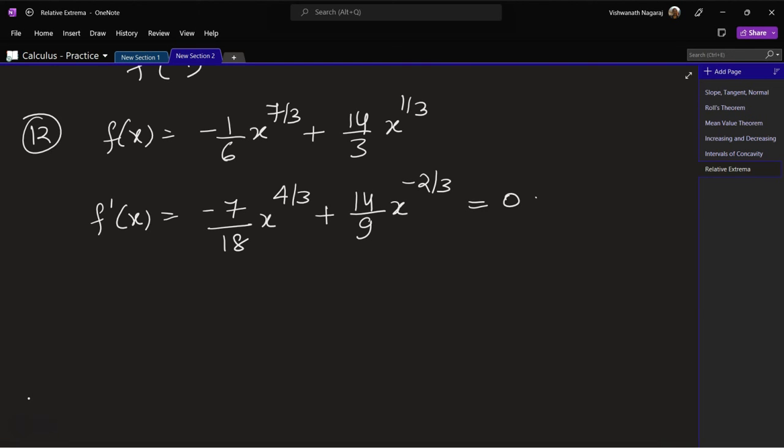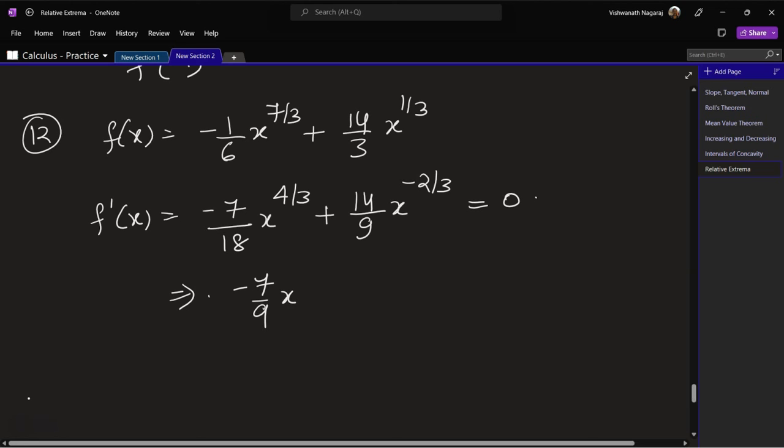And let's equate it to 0. Now solving this, we will take minus 7 by 9 x to the power of minus 2 by 3 out. What do we get?